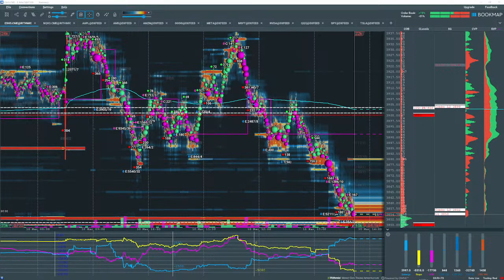And then for QQQ, the put wall dropped from 290 to 285, and the key gamma strike dropped from 300 to 290. So I interpret all of that as bearish.